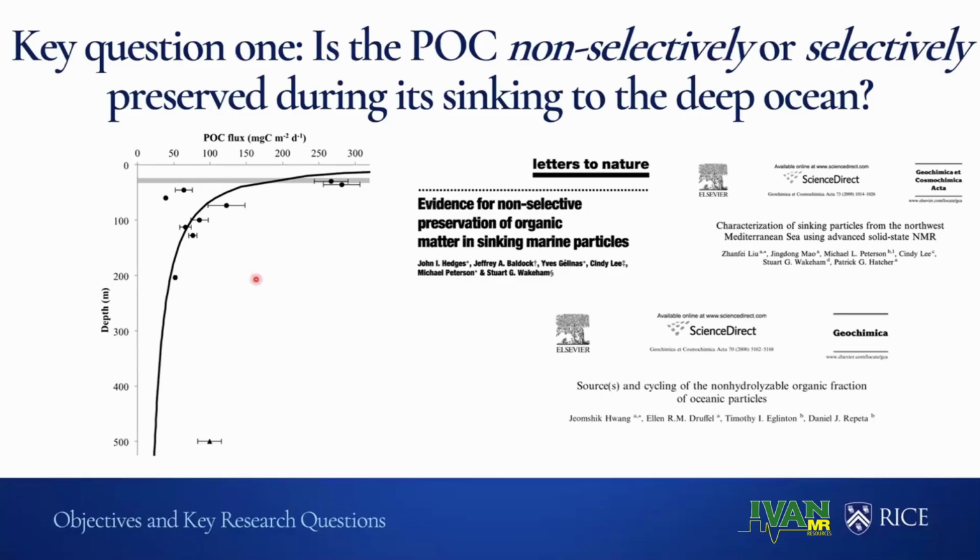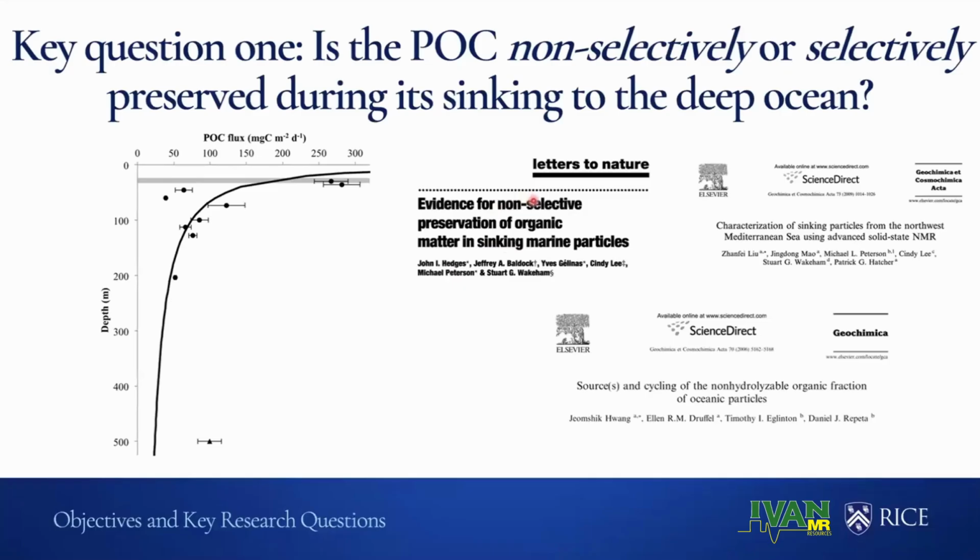Is the POC non-selectively preserved, which means chemical components of the POC are eaten by the microbes non-preferentially, or is it selectively preserved during its sinking to the deep ocean? For the only 3 NMR studies we can find in the literature for marine POC, unfortunately, they reported contradictory results.